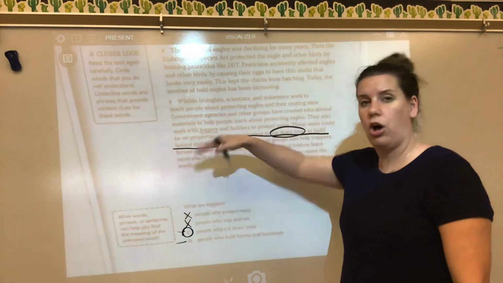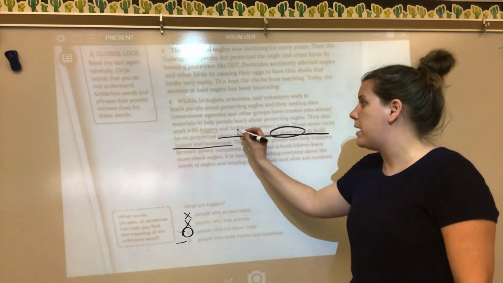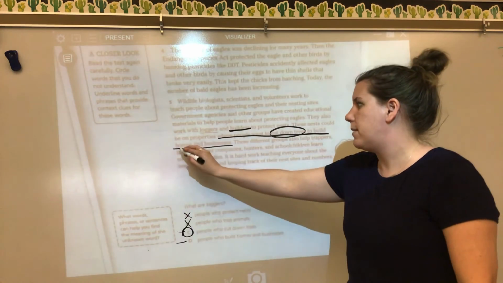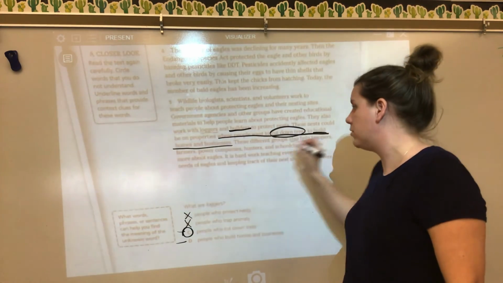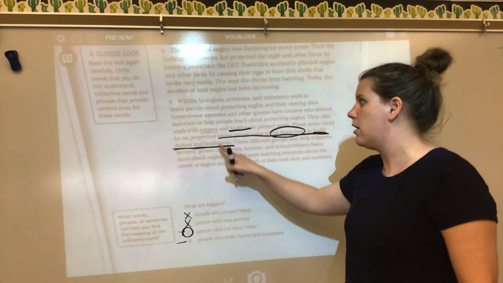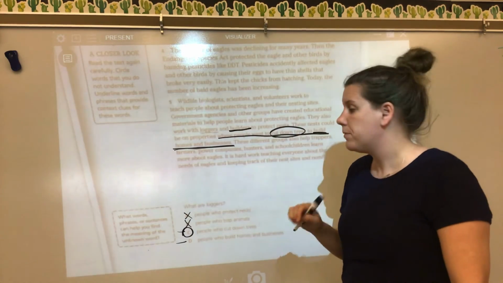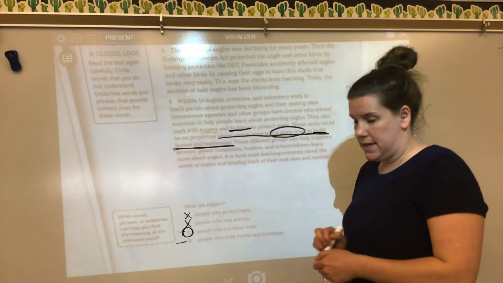Trees and logs kind of coincide. And we know that a builder is somebody who wants to build homes and businesses. Now we know what a logger is, somebody who cuts down trees. So your answer is C.